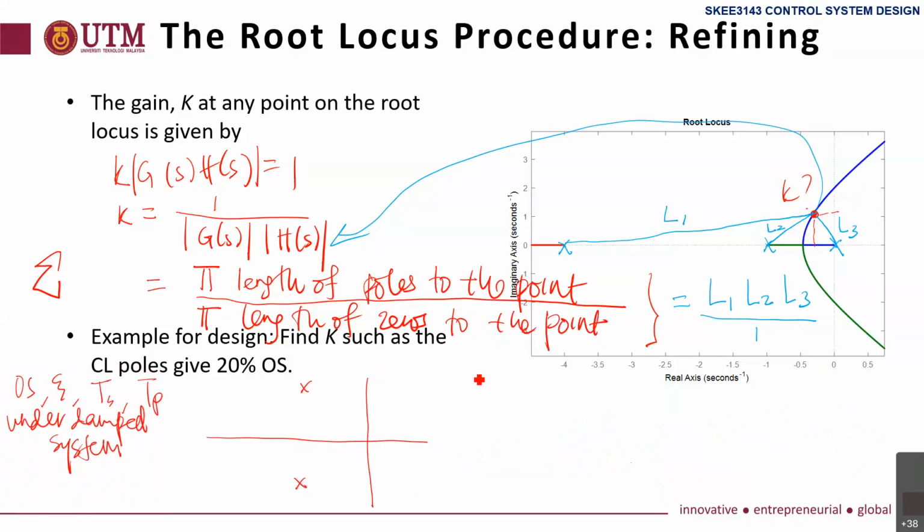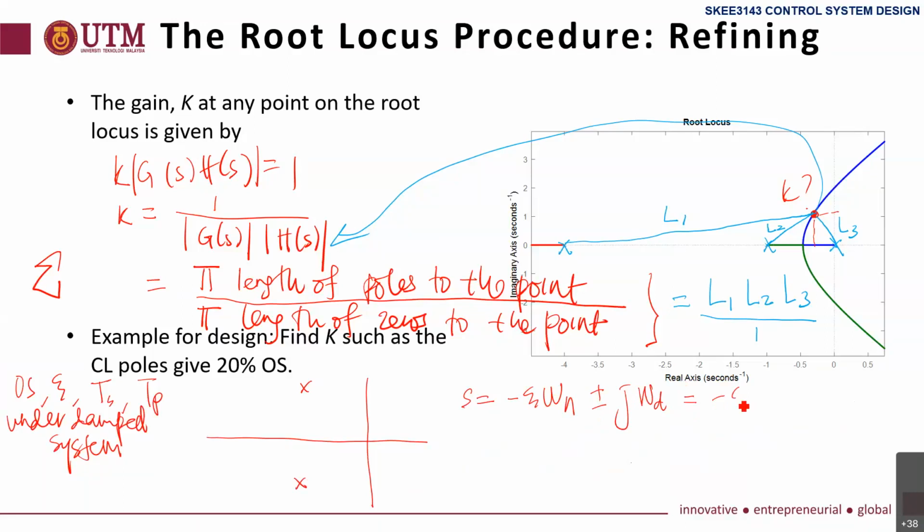We know that for an under-damped response, we have two poles, which are at minus zeta omega n plus or minus j omega d. Please refer to the 3133 notes. These are important.